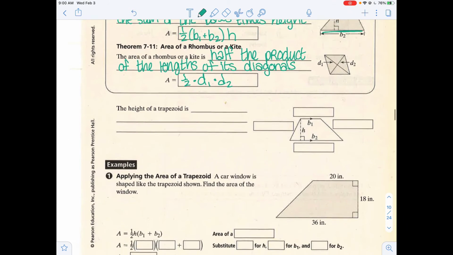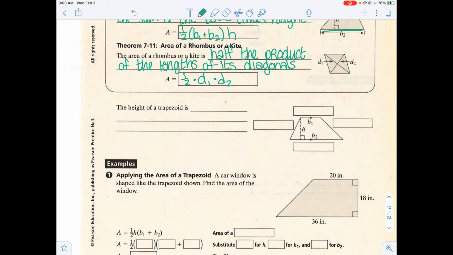Okay, then the height of the trapezoid. The height of a trapezoid is the perpendicular distance h between the bases.